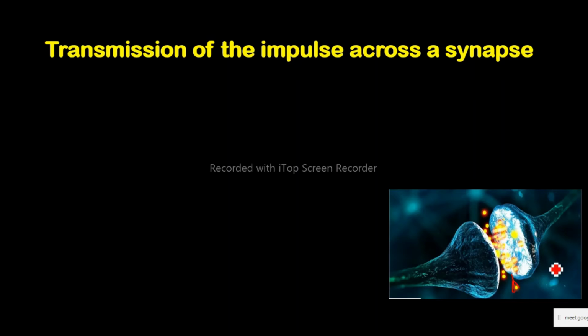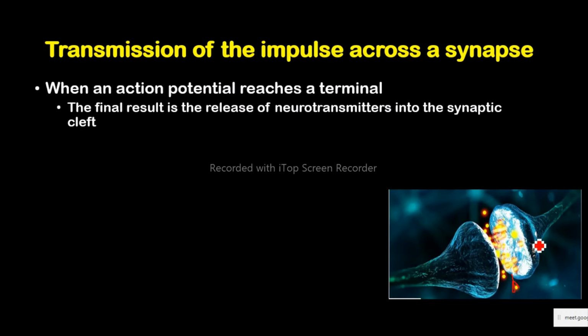So now here, the first thing that happens is arrival of an impulse, or when an action potential reaches a terminal, the presynaptic knob. If it reaches this presynaptic knob, then the final result is the release of the neurotransmitter substance into the synaptic cleft.